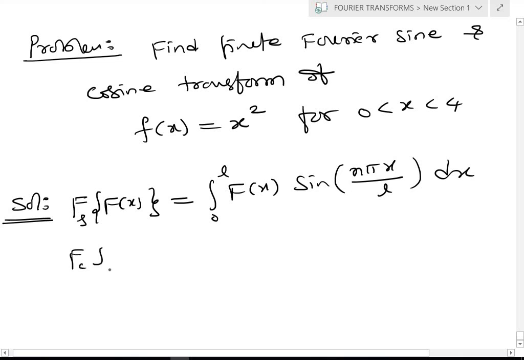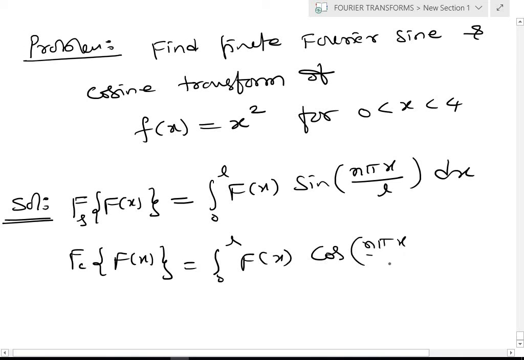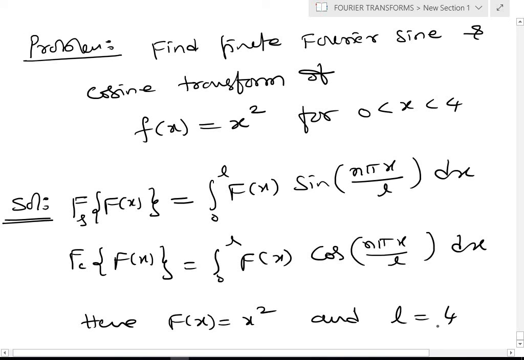Similarly, the cosine transformation of that f of x will be 0 to L f of x cosine of n pi x by L into dx. Now you remember here the function f of x is x square and the length L is equal to 4.